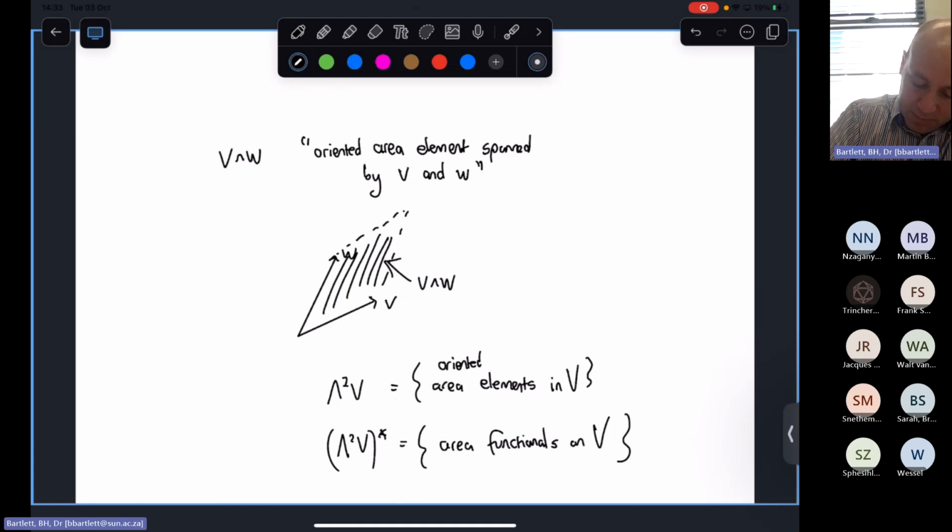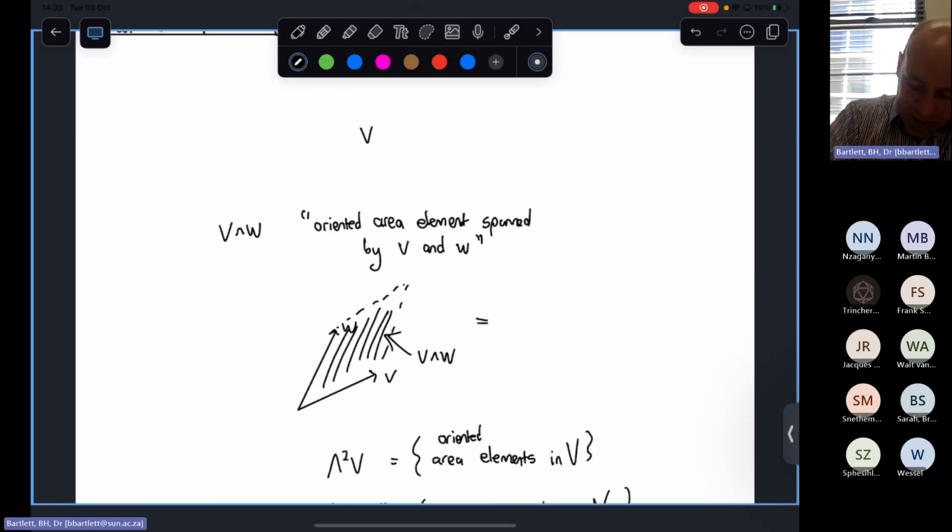So for example, look, V wedge W is the same as V wedge W plus some scalar multiple of V. Because what would this be? This would be V wedge W plus T V wedge V, and this is 0, right?